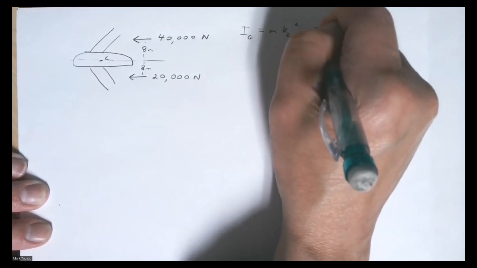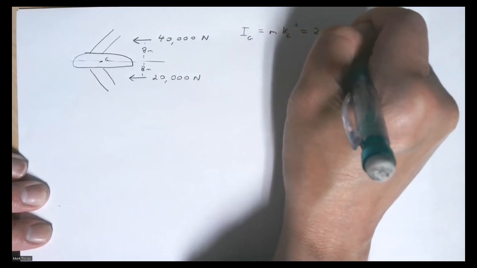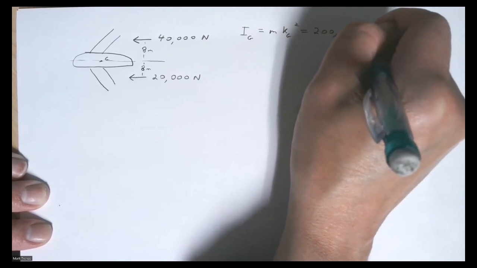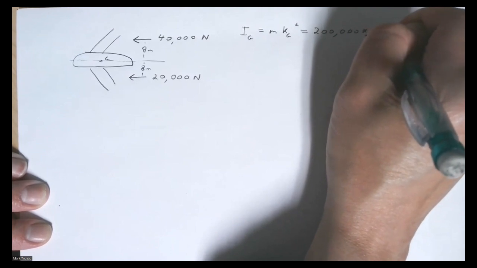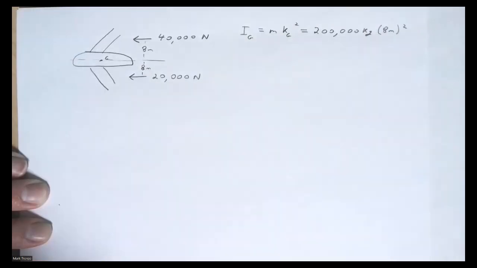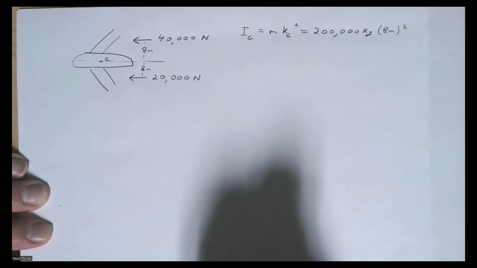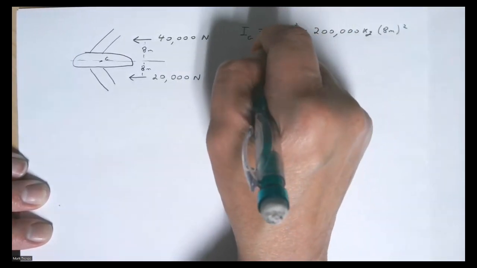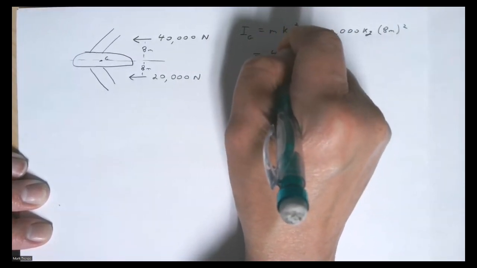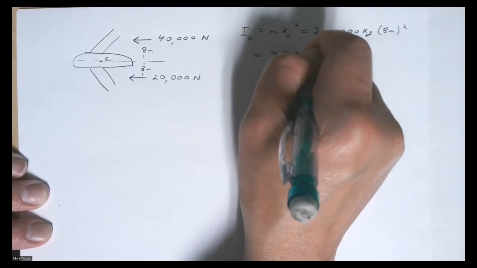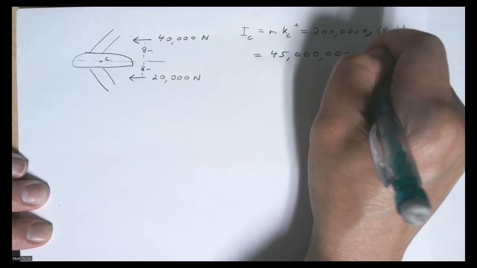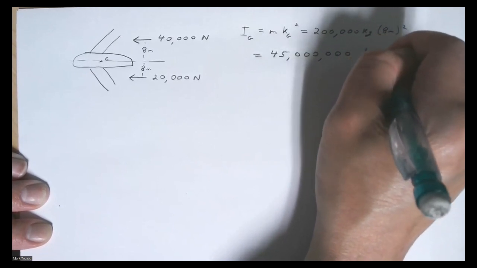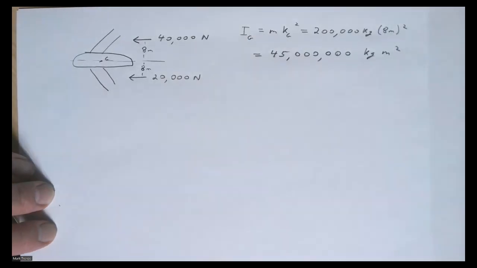I like to put things in kilograms, so let's do that. And 15 meters squared. If you put that in your calculator, you're going to get 45 million kilograms meters squared.